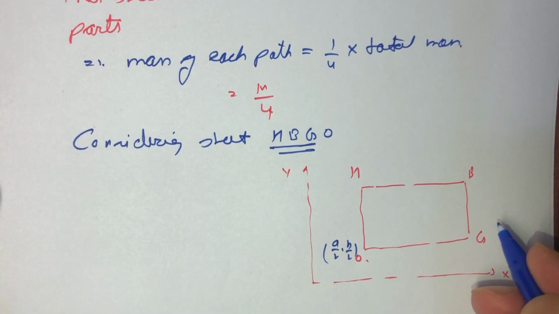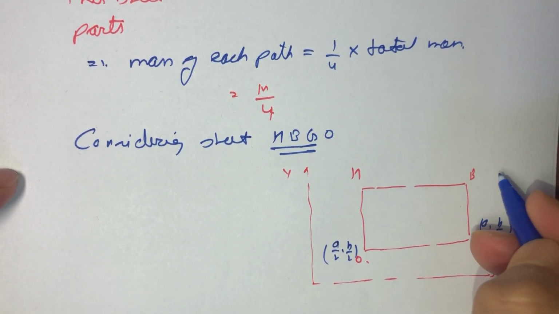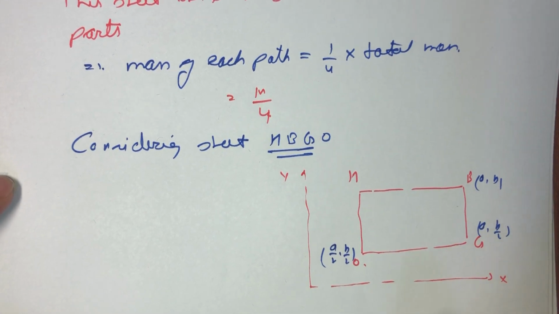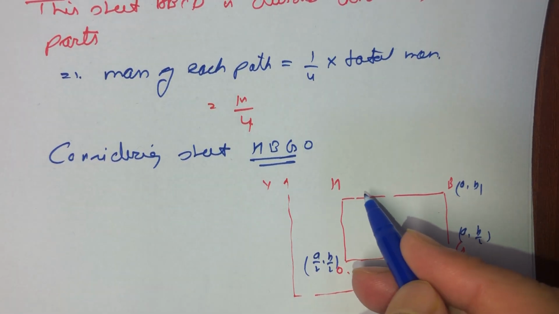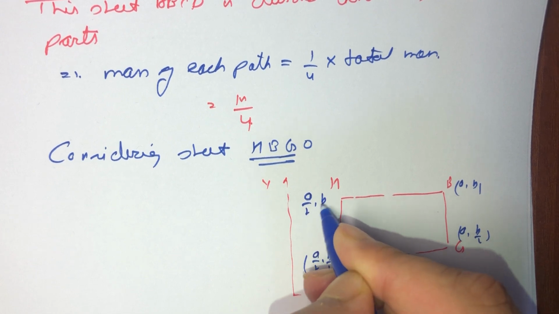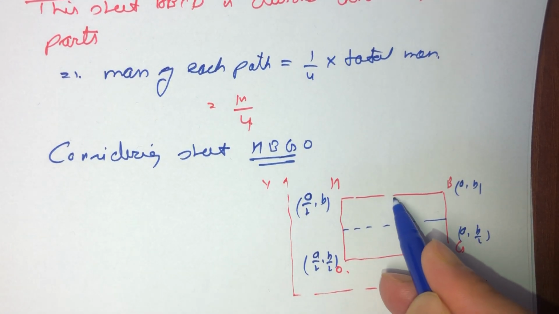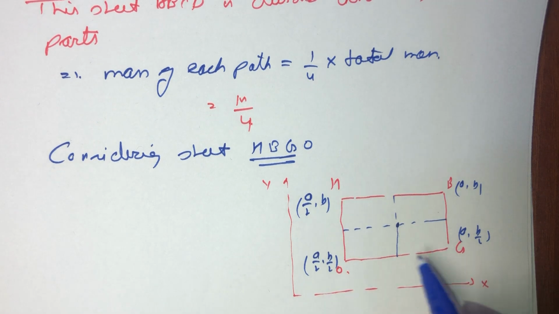Similarly G is A and B by 2, B is A comma B, and H is A by 2 and B. Let us find out the coordinate which will be the center of mass for the removed portion.